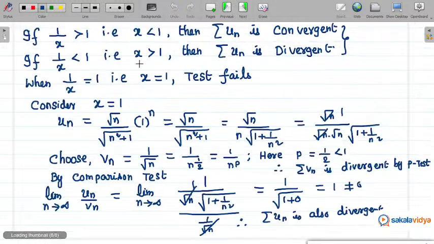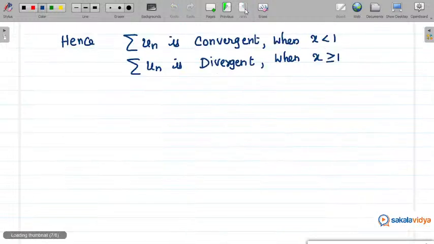When x greater than 1, divergent; equal to 1 also divergent. So like this we need to conclude. This is very very important, you must remember this one. So the series sigma un is convergent when x less than 1, sigma un is divergent when x greater than or equal to 1.